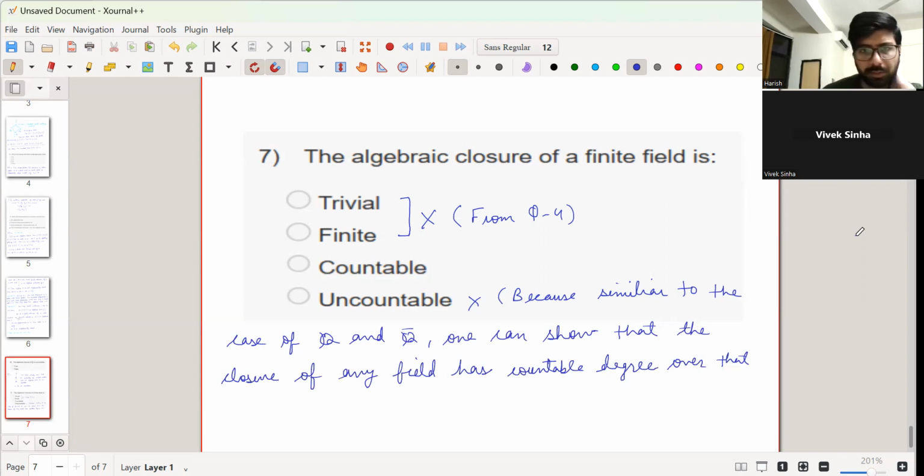Or one can show that closure of any field has countable degree over that field.